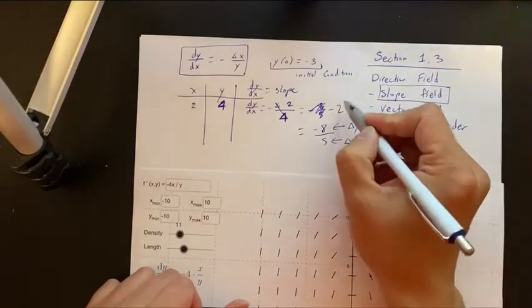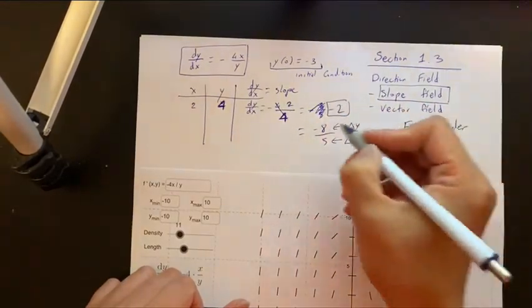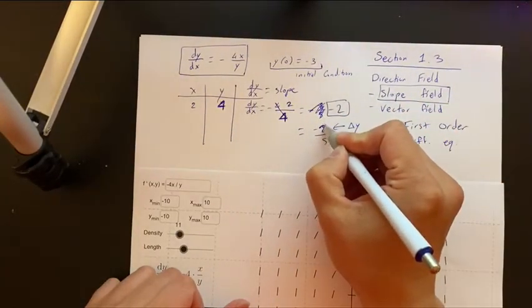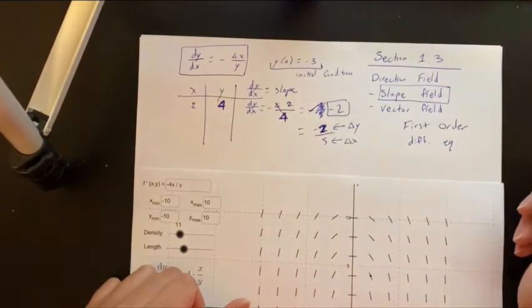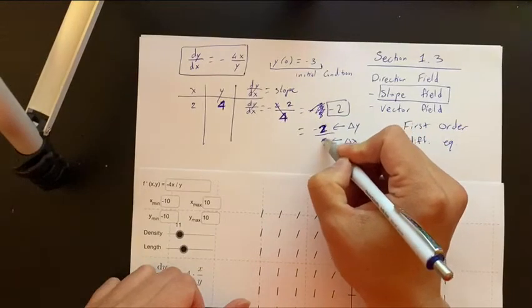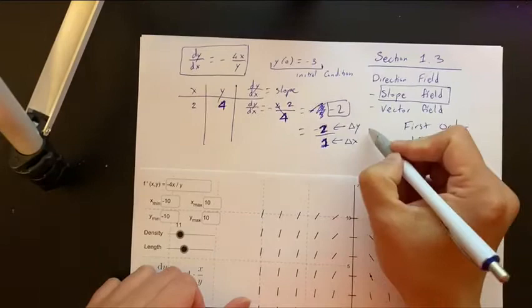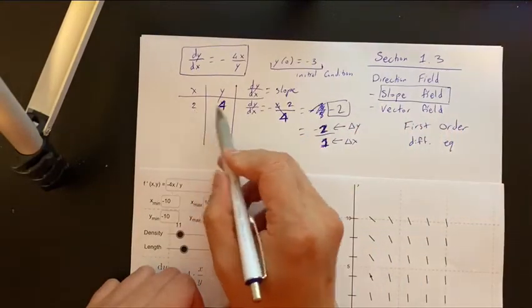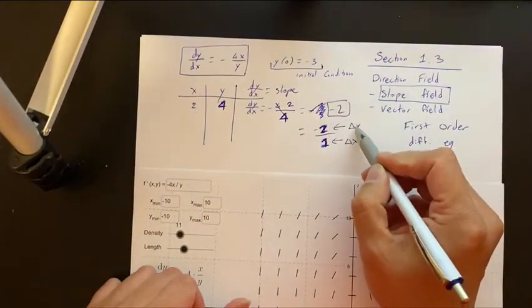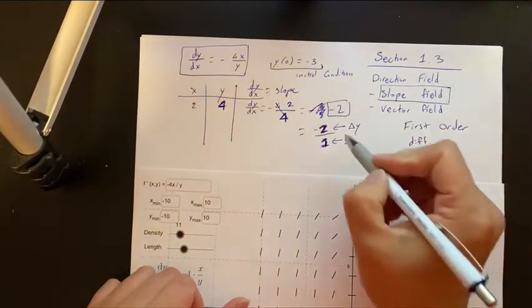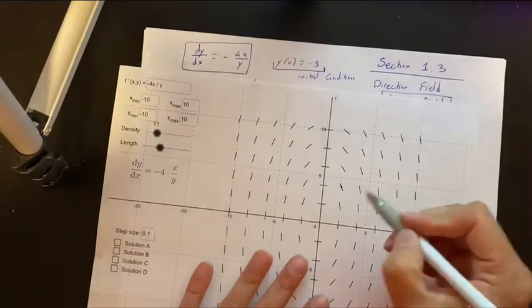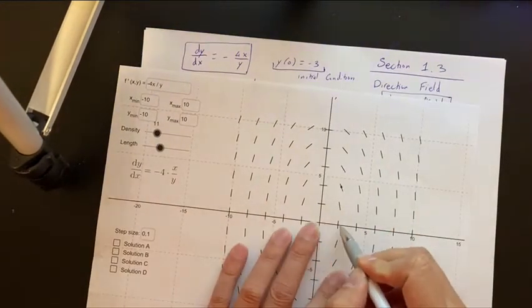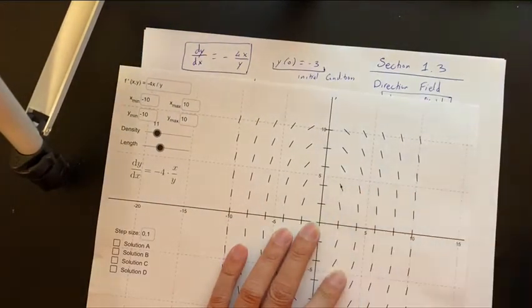Okay, so negative 2 being the slope, I can view that as a negative 2 on top, and that's the same thing as negative 2 over 1. So this is going to be the slope at the point 2, 4, where my change of y is a negative 2 and my change of x is a 1. So on this slope field, I'm going to identify the point 2, 4, and that's right there.